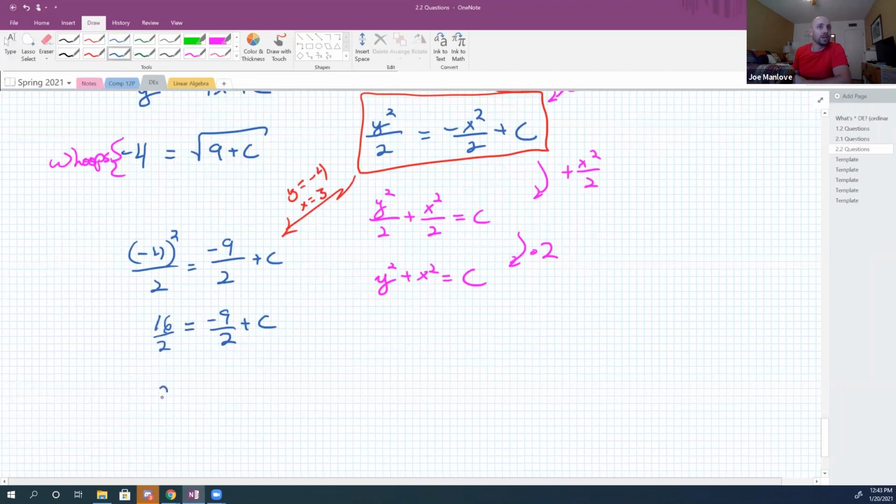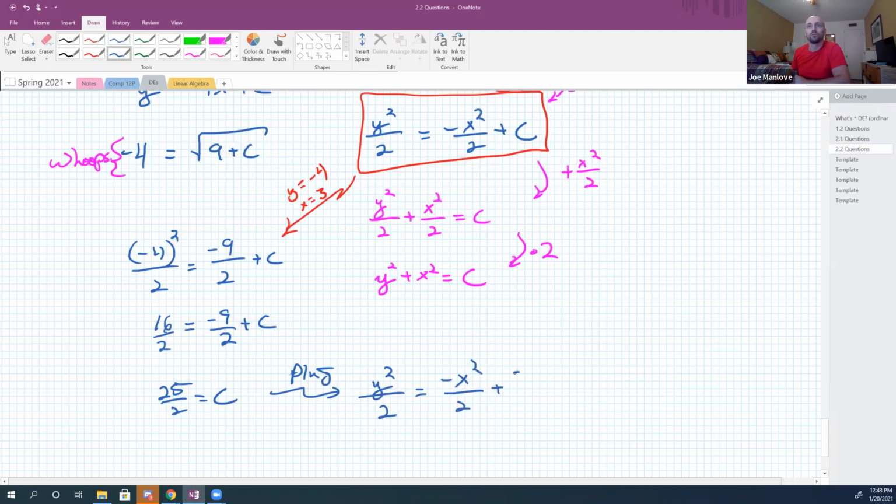So I'm going to get 25/2 is c. And plugging that in, I should end up with y squared over 2 is minus x squared over 2 plus 25/2.